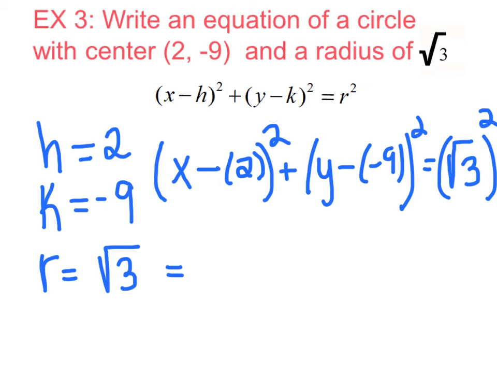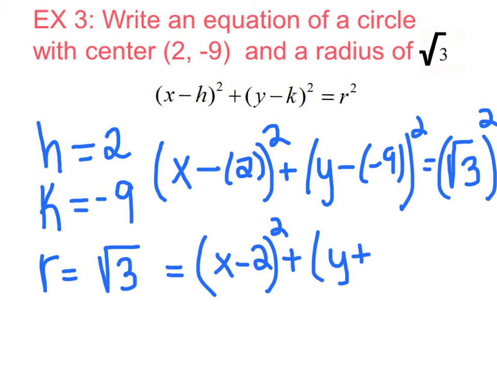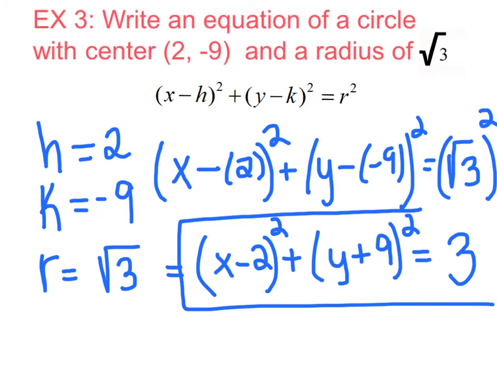When we clean this up, it's going to say x minus 2 squared plus y plus 9 squared equal to 3. When you square a square root, the radical goes away, so you're just left with what's in the radical. So this is our final answer.